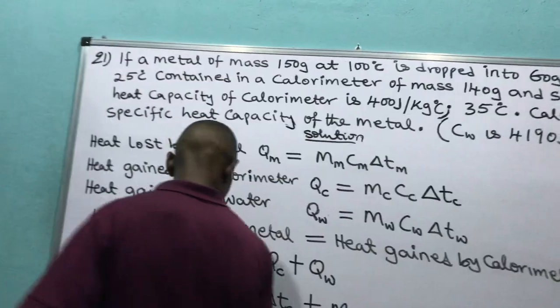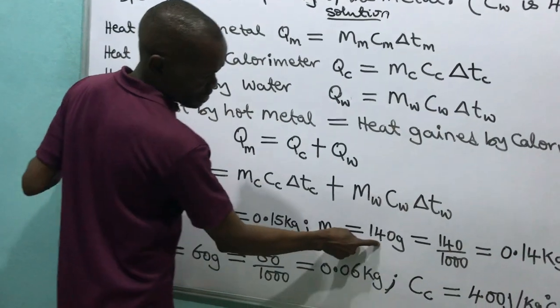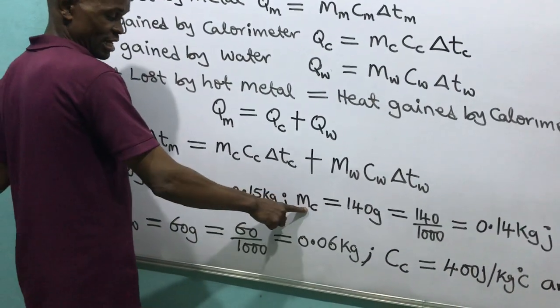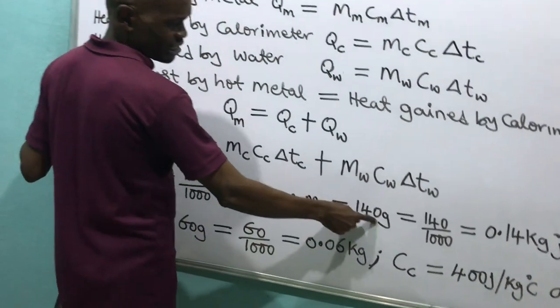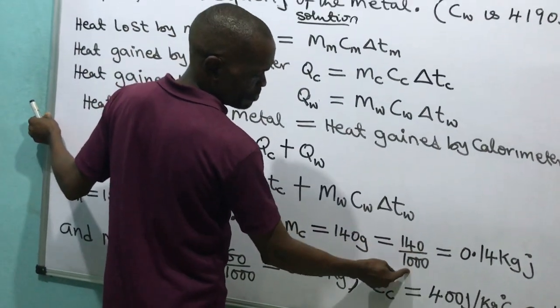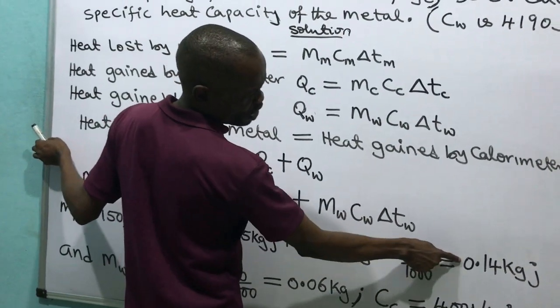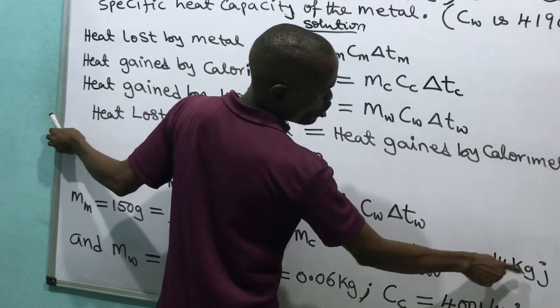Then we come down here. The mass of calorimeter, this MC, they said 140 gram. I have to change it to kilogram by dividing 140 by 1000. It gives me 0.14 kilogram.